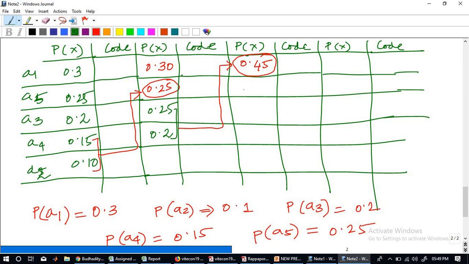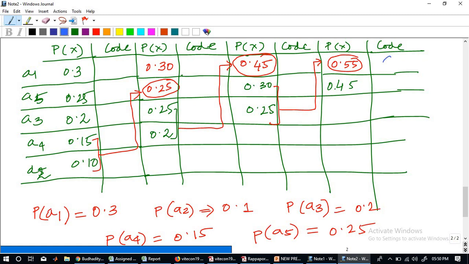Then we'll put the ordinary ones, 0.30 and 0.25. Anything else left? No. So now we will add up 0.30 and 0.25. That's 0.55. 0.45 comes over here. That's correct, right? Now give me the code one by one.